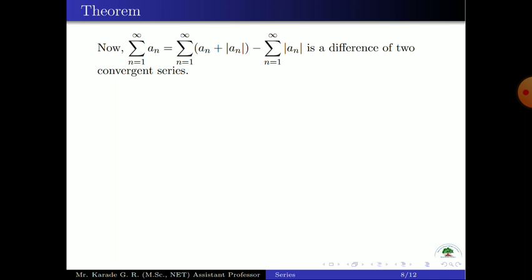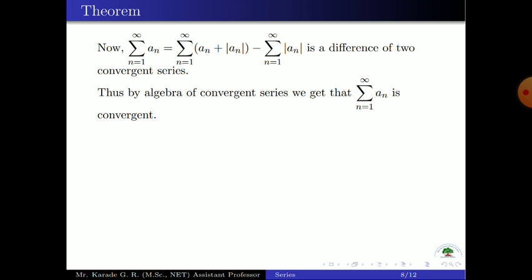So it is the difference of two convergent series, and we know from the algebra of series that the difference of two convergent series is also convergent. Therefore series an, n runs from 1 to infinity, is also convergent. Thus by the algebra of convergent series, we get that the series an is convergent. Let us take one example. Example 1.